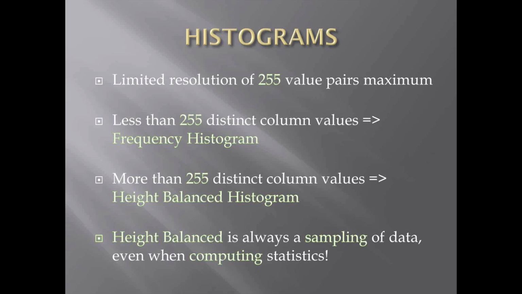The important point to understand at this point is that height balanced is always basically a sampling of data. Even if you read all data when you compute your statistics and do not perform any sampling, a height balanced histogram is basically always a sampled thing. So it misses potentially important information, and that is already a very important point.